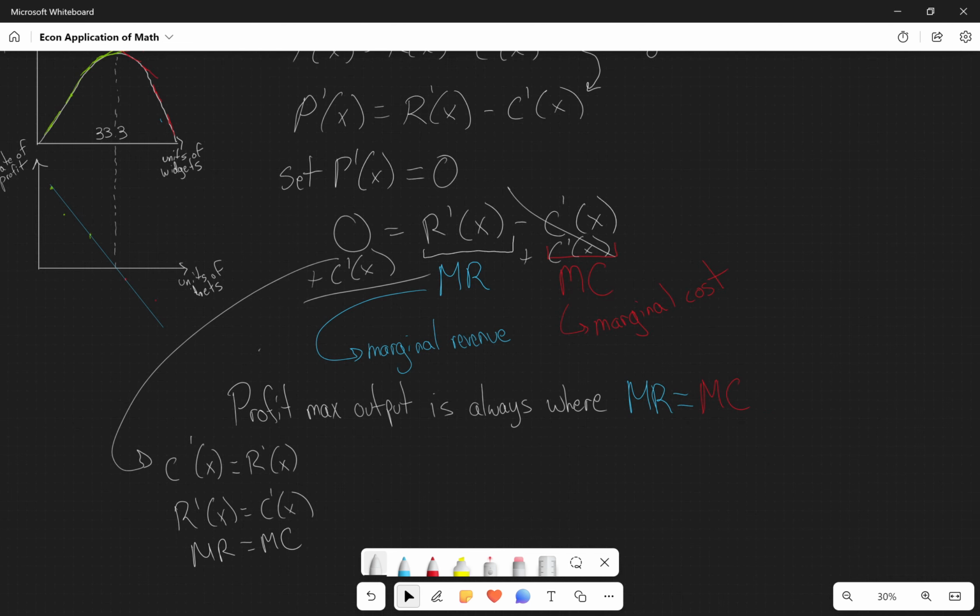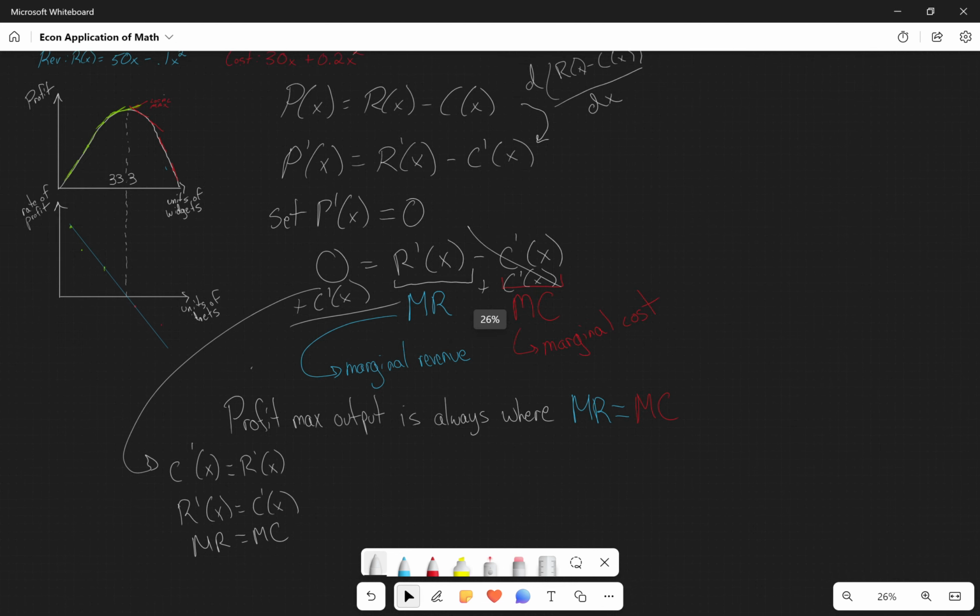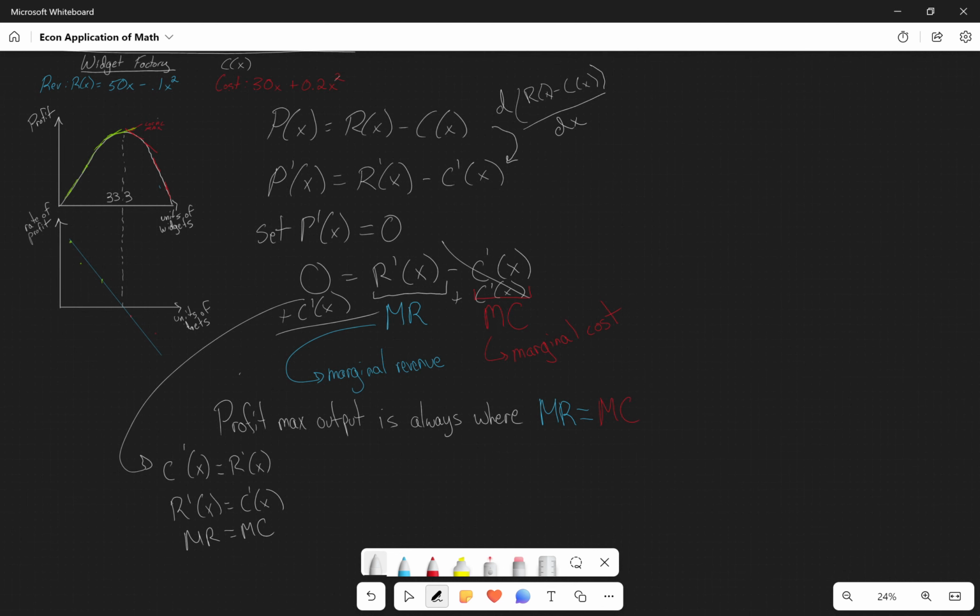So this is just another way to do effectively that same process, but it usually goes a lot quicker. So we're going to do it as well, and we're going to come out with the same 33.3 number.